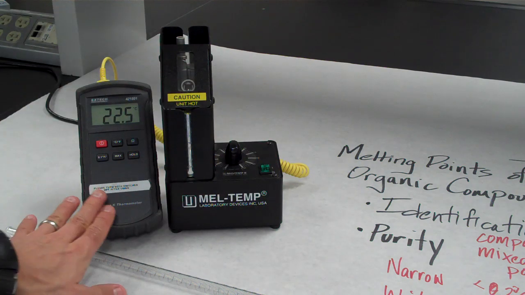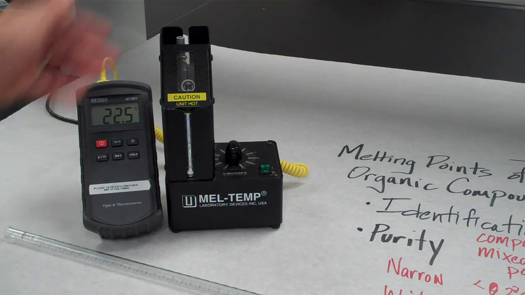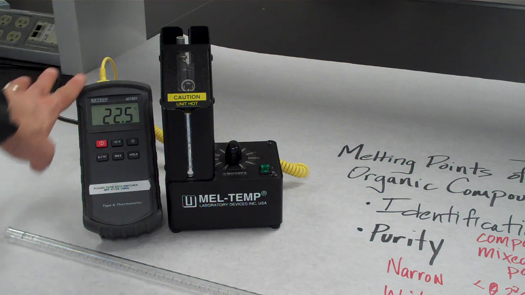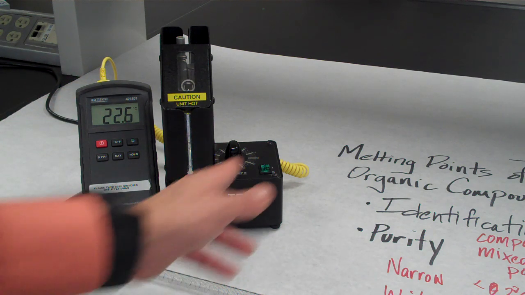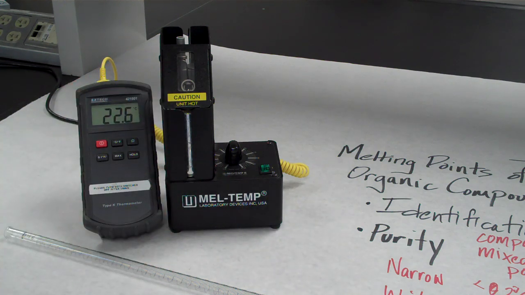Okay? And then this is attached nowadays to a digital thermometer. An old-fashioned one would have had a traditional thermometer inserted into it here, but now we have a digital thermometer that would be connected to it. And as you add heat, the temperature goes up, and you're watching for the sample to melt.